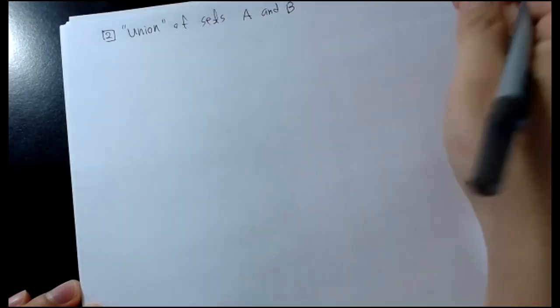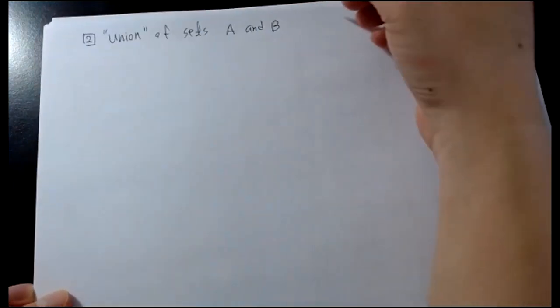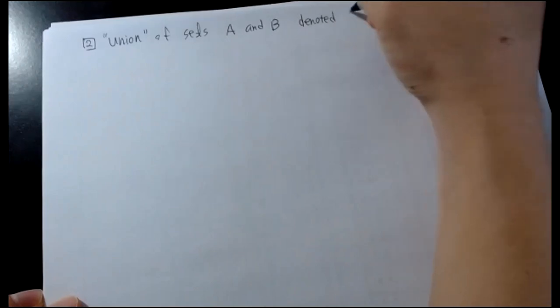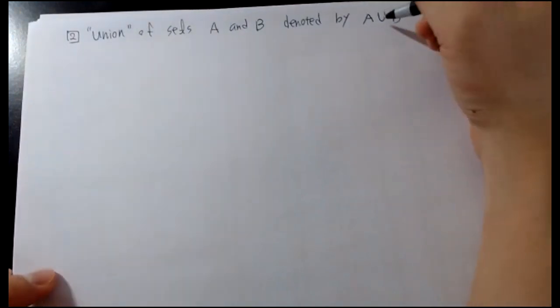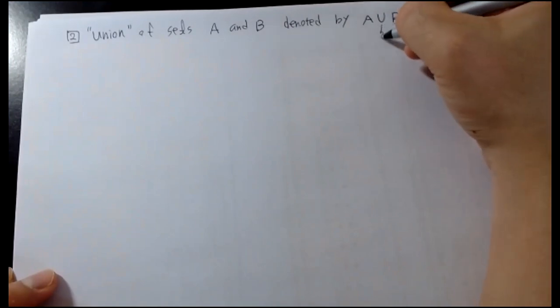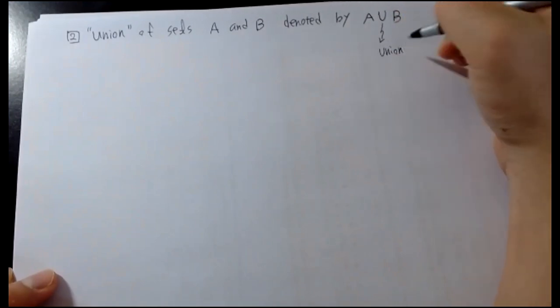Union of sets A and B is denoted by A cup B. Yes, mathematicians say it looks like a cup, so they say just A cup B. But actually, this is the symbol of union. Keep this in mind.